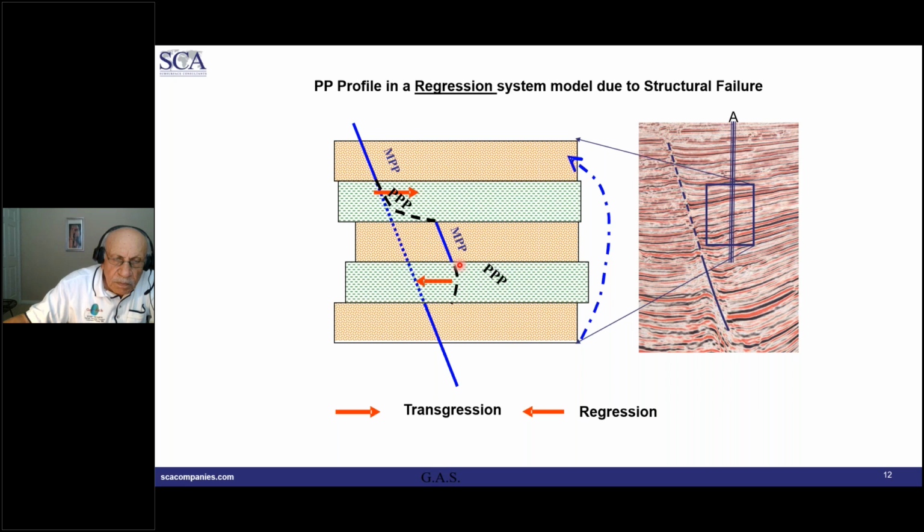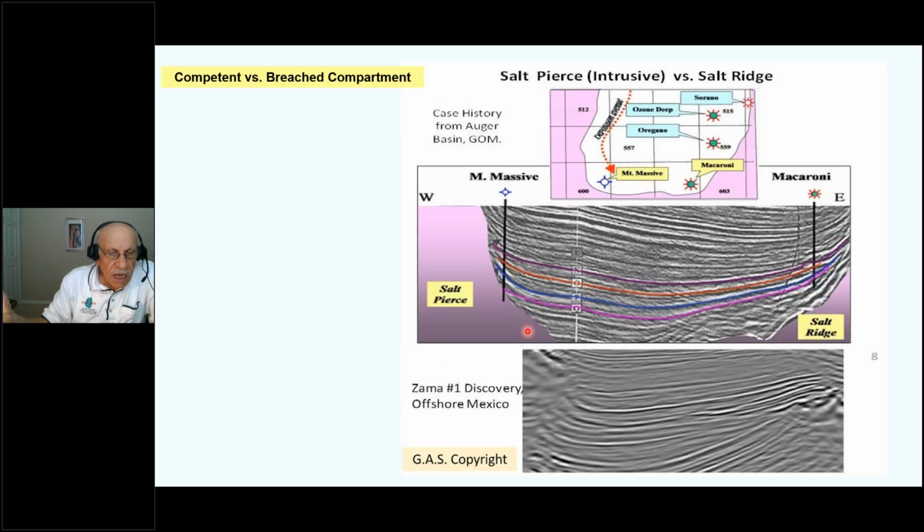So instead of the pore pressure going forward, it goes backward. And also the petrophysical property. You can see a little reverse before you hit a breached compartment. And you see the breached compartment was the target. And the target is wet.